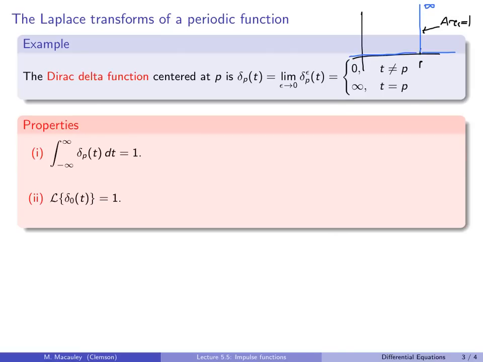A consequence of that, I claim, is that if you integrate from negative infinity to infinity the delta function multiplied by any old function f that you wish, that's defined at p, this just picks off f at p. And I'm going to try to give a justification for why that should be the case. So if this is p, let's say this is 1, then let me try to draw that delta function again.